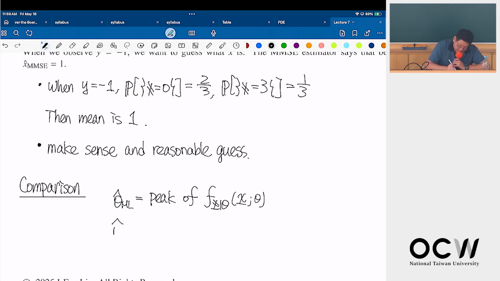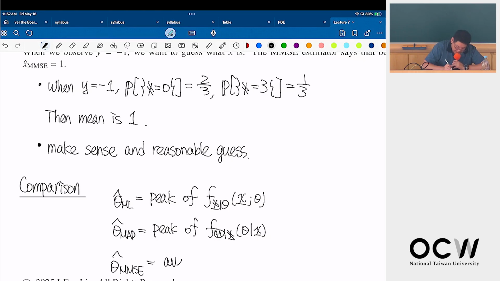The MAP estimate is the peak of your conditional PDF. And the minimum mean square error estimator is the average of your conditional PDF.